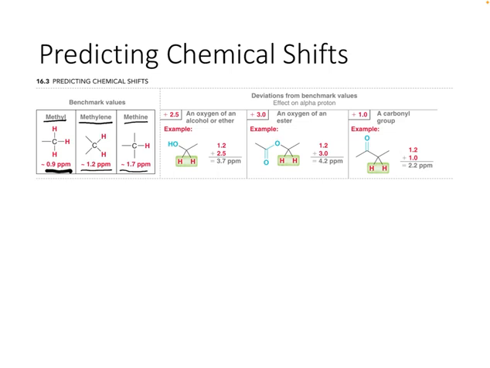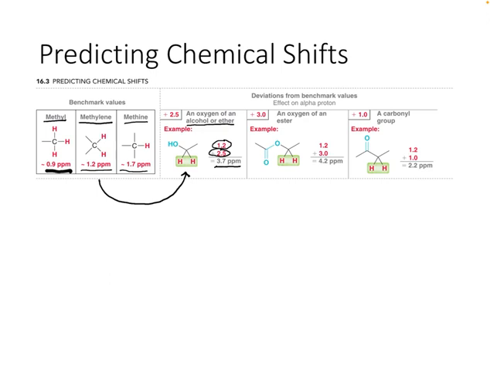Now, what if we have a methylene group next to an alcohol or an ether? What we'll do is add 2.5 to our expected value of 1.2, and that will give us an approximate idea of where those protons will show up on an NMR spectrum.